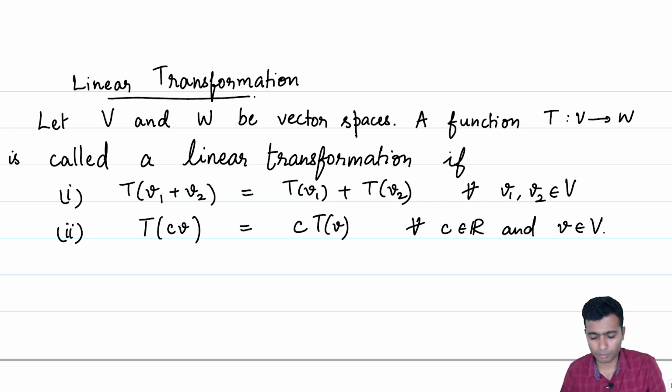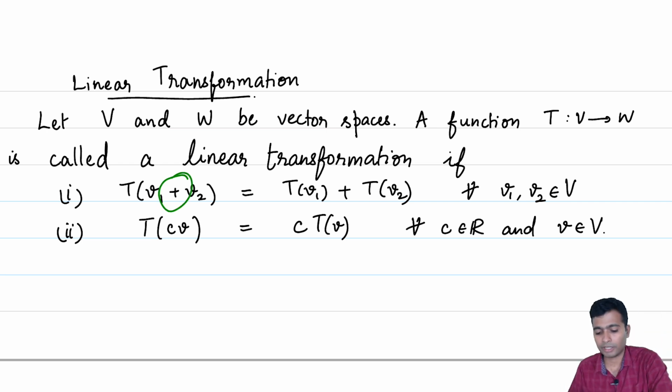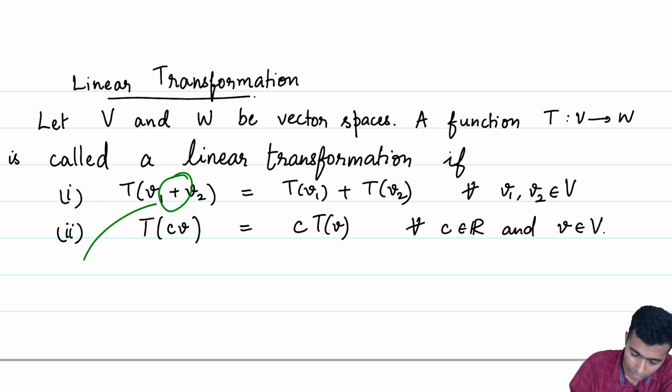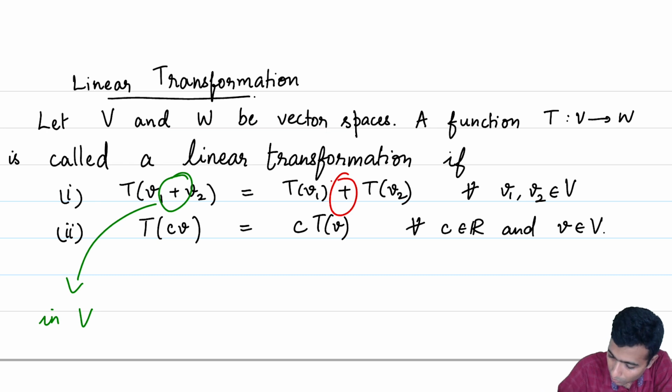So let us spend a couple of minutes trying to see what is happening here. Let us use the green color to denote this. Let me circle the vector addition V1 plus V2. I would like to point out that this is a vector addition which is happening in V. Now red is being used to circle the other vector addition.